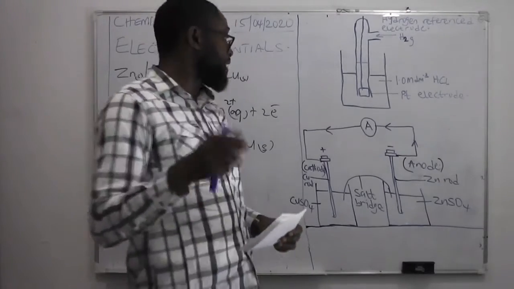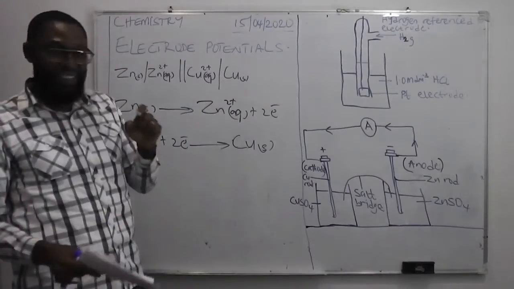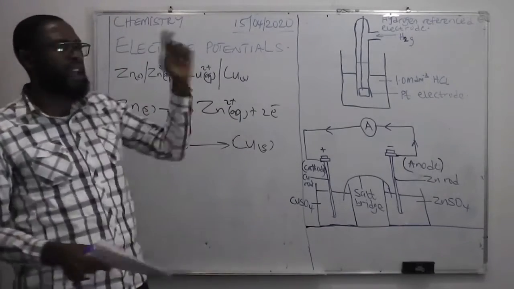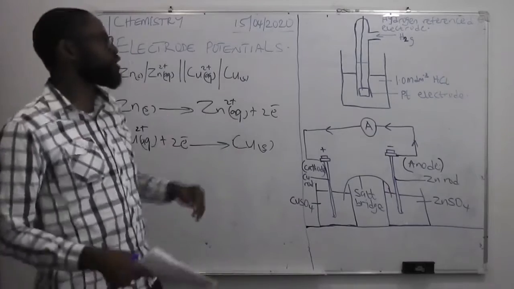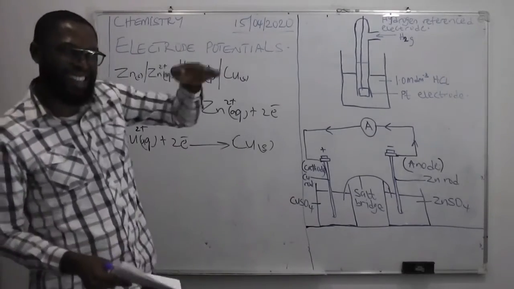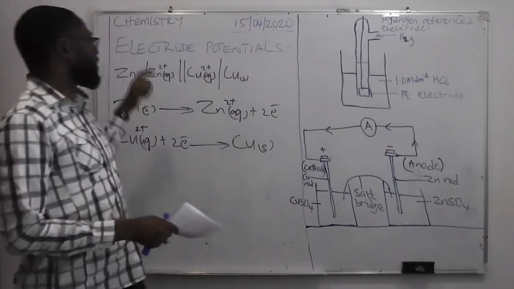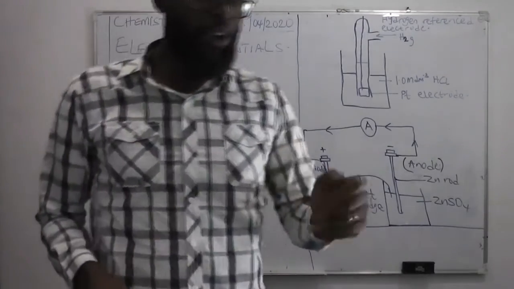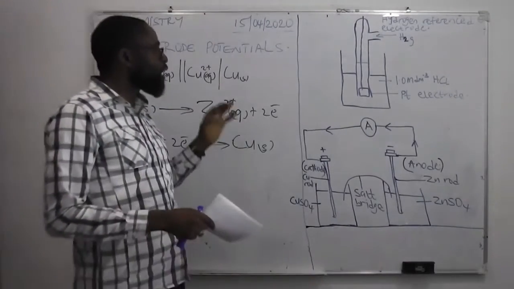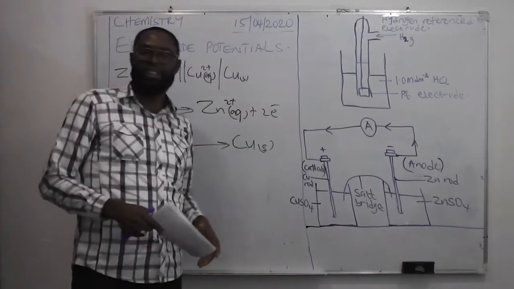Remember, I just said that the difference that exists between the metallic rod and its salt that is in solution, that difference that exists between them is what we call what? Electrode potentials.